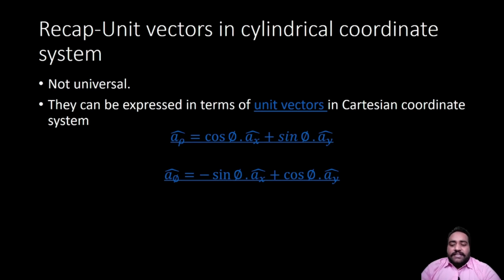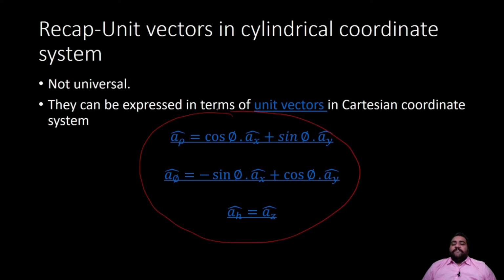That is same as the unit vector along z axis. This formula here would be very useful for us to convert any given vector into the cylindrical coordinate system.